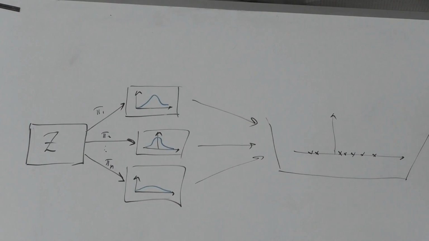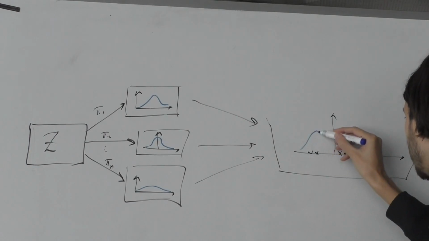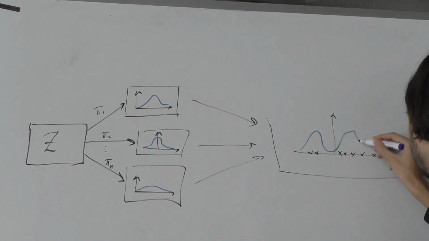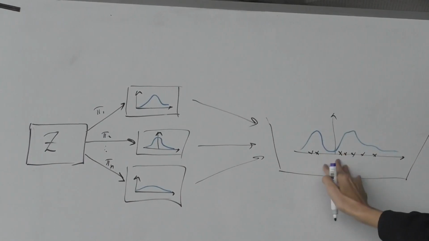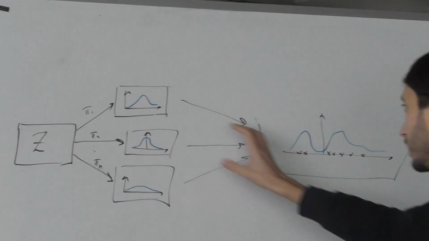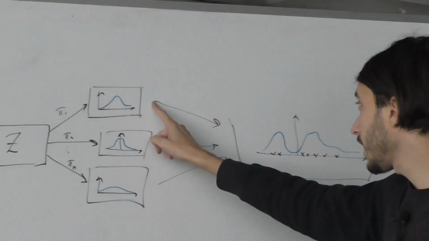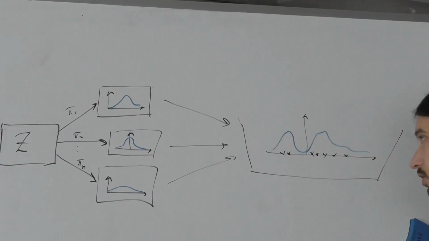I can somehow recover the overall distribution for these points, and I will get, let's say, something like this. So I have some different distributions for these points. But they all were generated with these devices, each having some simple distribution like a normal distribution.